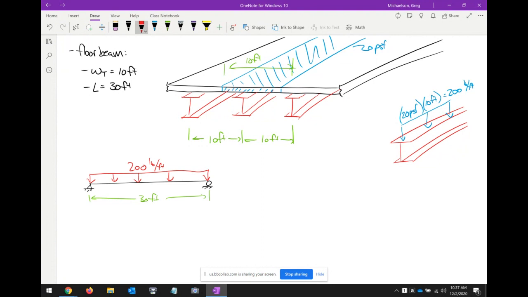And how did I get that? I took the pressure load and multiplied it by the tributary width. The idea is that beam is responsible for 10 foot of that load. So 20 pounds per square foot times 10 foot is 200 pounds per foot. Does that make sense? I want to take a second on that and make sure that's clear.